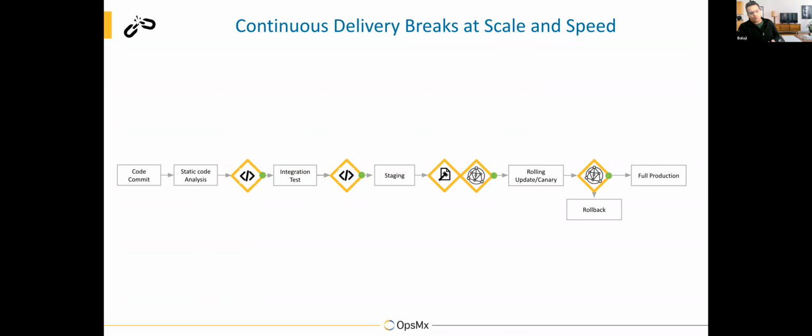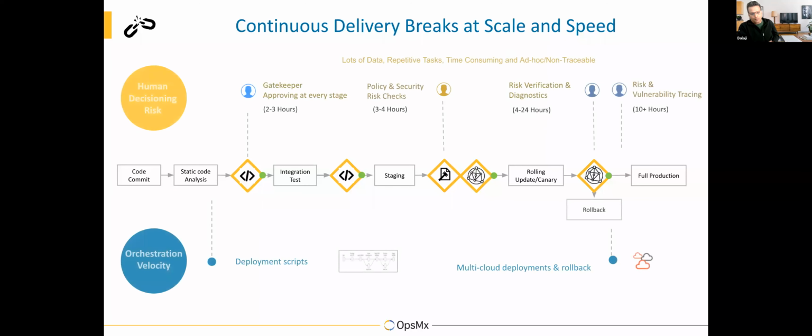So first part of the problem is if you don't have Spinnaker in the audience, you should consider Spinnaker or a Spinnaker-like solution that allows you to orchestrate the code to cloud deployment in a safe, reliable fashion. So without scripting, multi-cloud, be able to roll back, roll forward, etc.